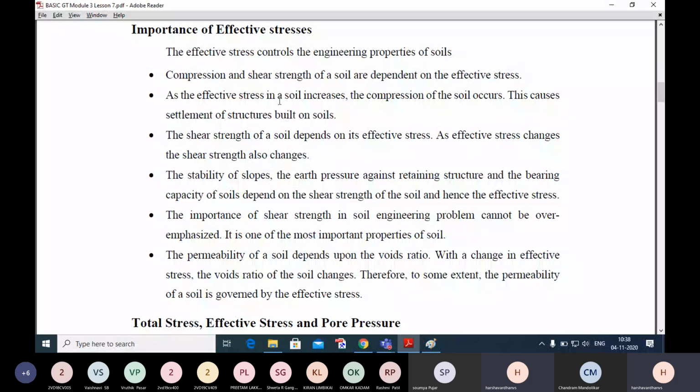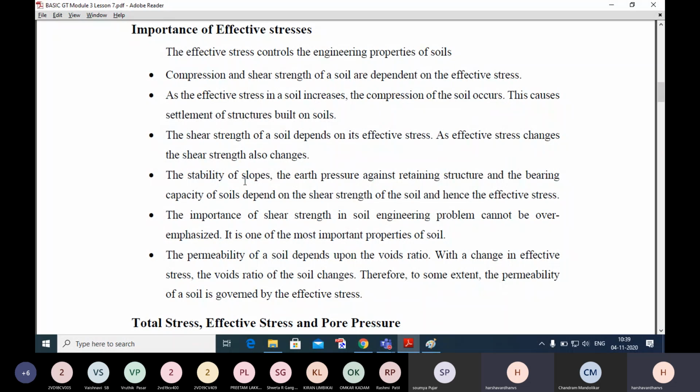As the effective stress increases, compression of the soil occurs. This causes settlement of structures built on soil. If the total weight is more, the compression also increases, which causes settlement of the soil, and hence of the structure above the soil.